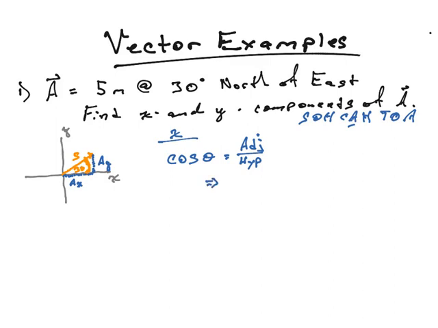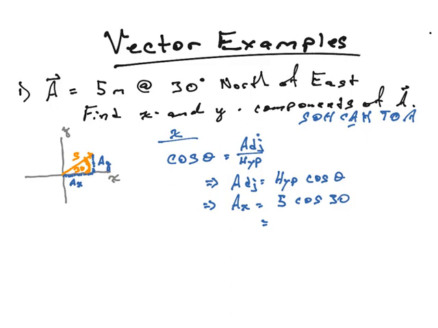That means I move the hypotenuse over to the other side, leaving adjacent by itself, and I get adjacent equals hypotenuse times the cosine of theta. And now all I have to do is plug in the information from my problem. I'm looking for the adjacent side. That's called the x component, which is equal to the hypotenuse, which is 5, times the cosine of the angle being 30 degrees.